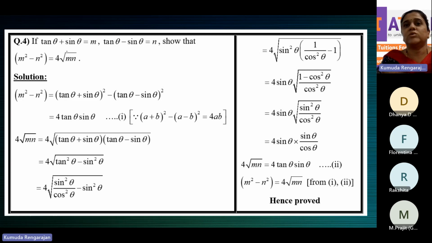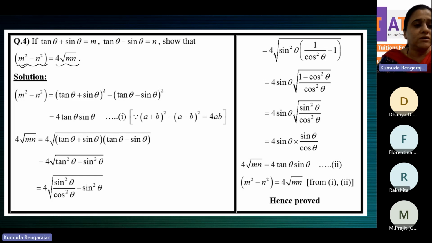Sometimes you need to work both the LHS and the RHS and show that they have the same result. That way also you can prove that the LHS is equal to the RHS. You take up the LHS, work it, and get a result. Take the RHS also, work it, and get the same result. When the LHS and RHS produce the same result, you have verified whatever is given.